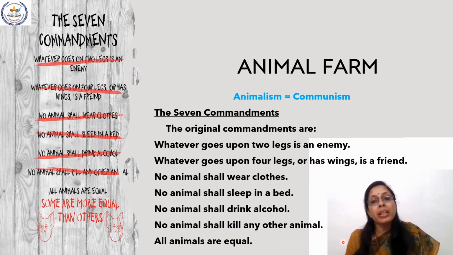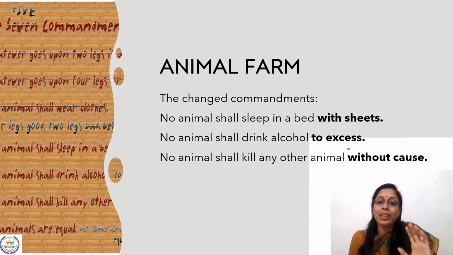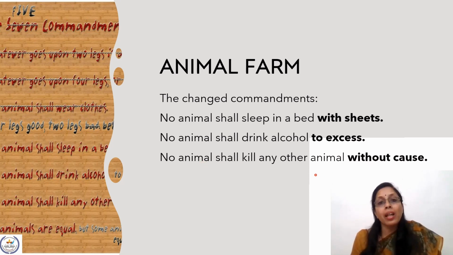But these 7 commandments are changed to new commandments. No animal shall sleep in a bed with sheets. So they don't use bed sheets, but the pigs do sleep in beds. No animal shall drink alcohol to excess. So they drink alcohol, but who will decide this excess? No animal shall kill any other animal without cause.